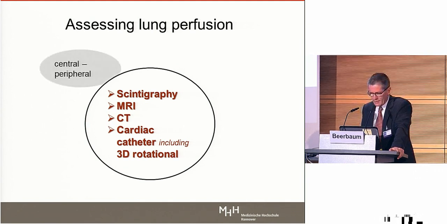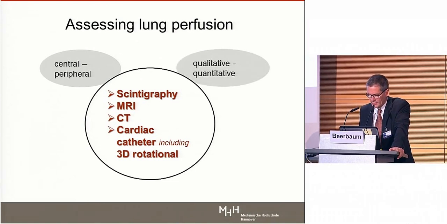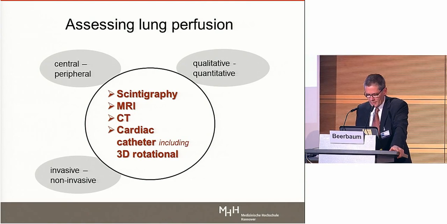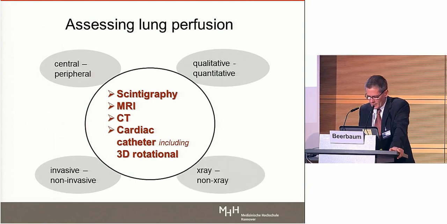All these modalities need to image both the central pulmonary vessels, but also the peripheral perfusion in the lungs. Some of these methods are qualitative only, others are quantitative, and this may be useful in different clinical scenarios. Some are invasive, others non-invasive, some use X-ray, others don't.